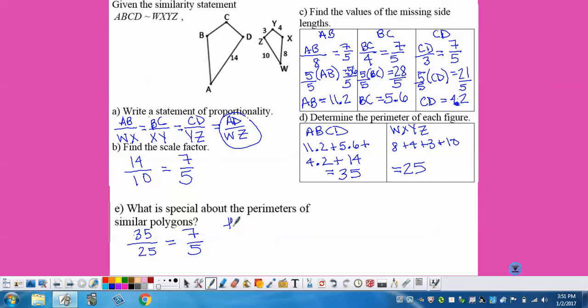So the ratio of the perimeters is the same as the scale factor.